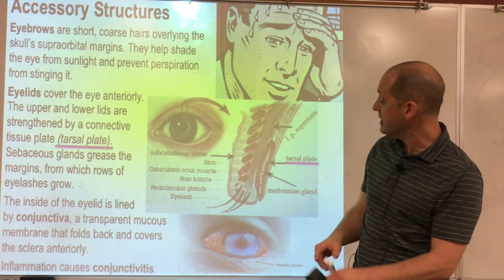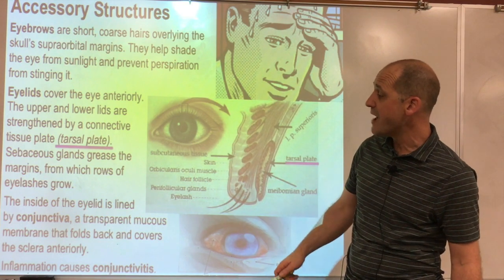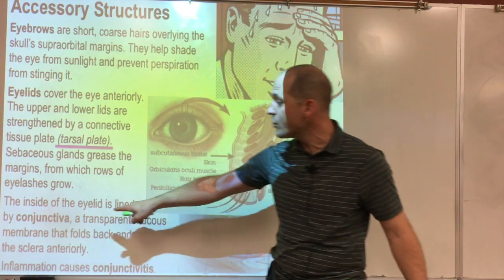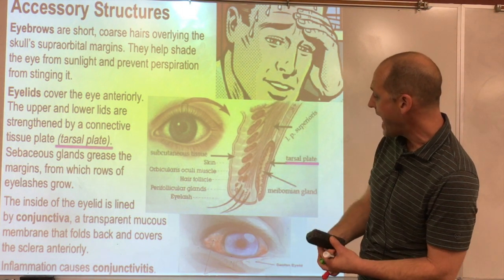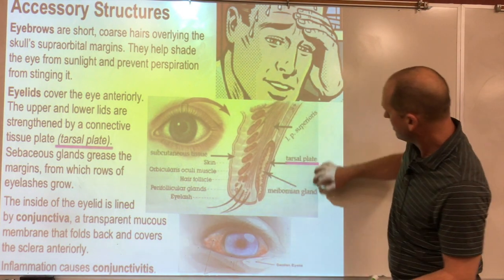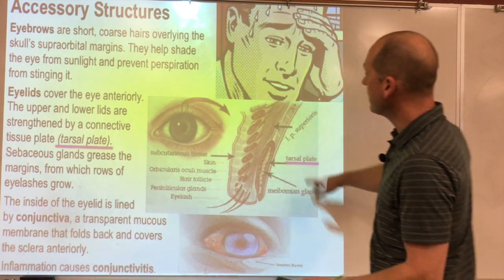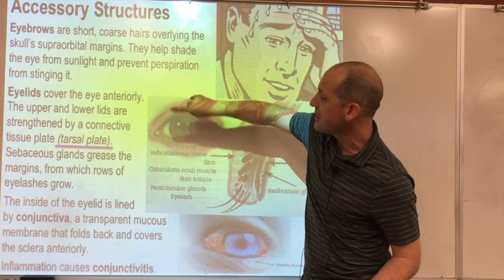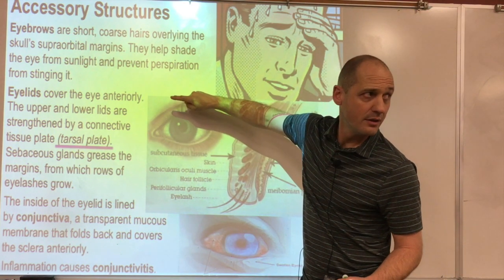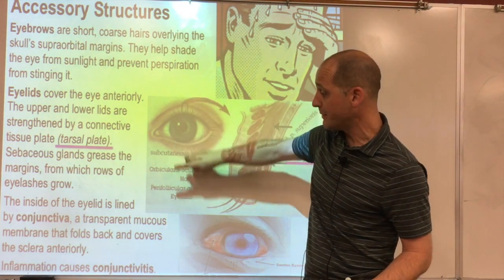On the inside of the eyelid, we have a membrane called the conjunctiva. It's transparent, and it goes over the eyeball, and on top it folds back, and then lines the inside of the eyelid, on the top and also on the bottom.